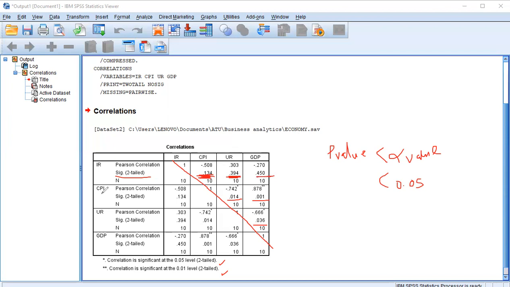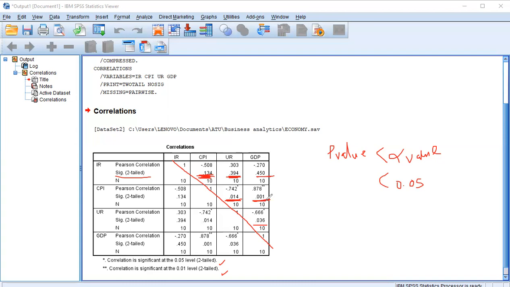But when we go to CPI and the unemployment rate, that is a statistically significant correlation over here. CPI and unemployment rate, we have a negative correlation here. And we have a positive correlation for CPI and the GDP.